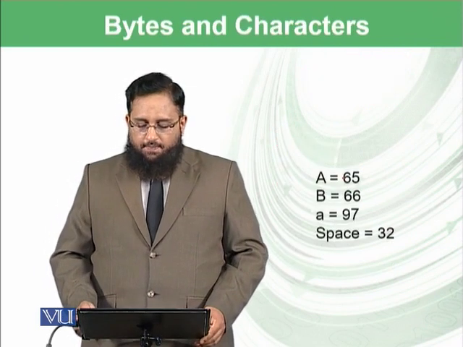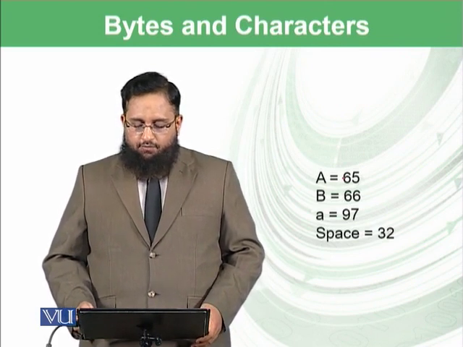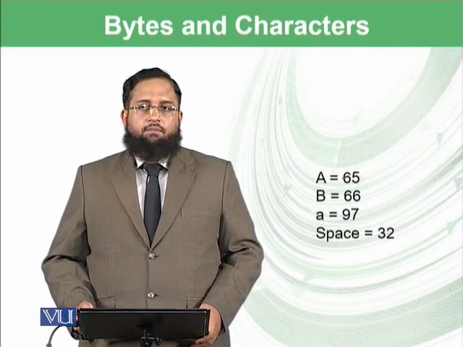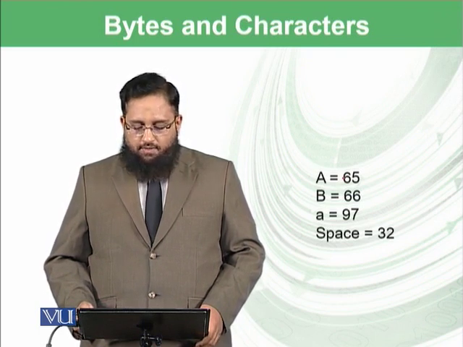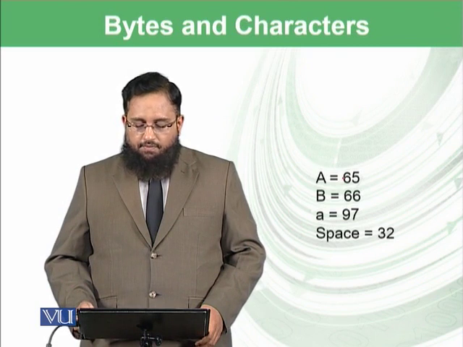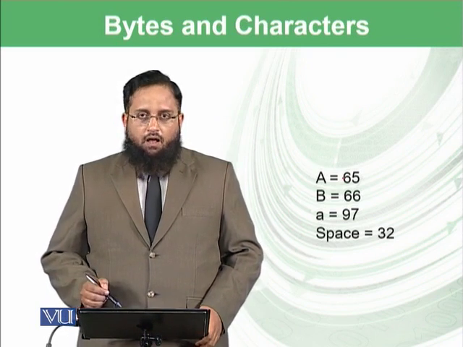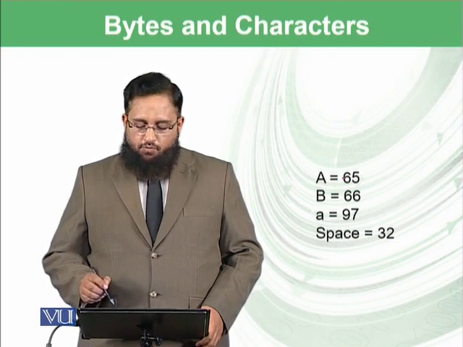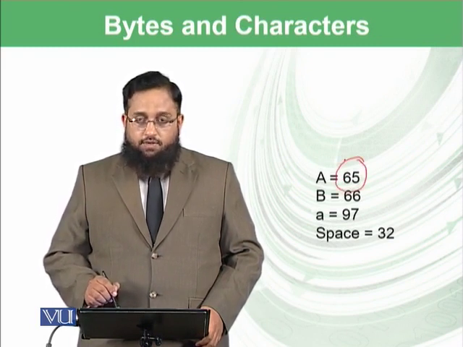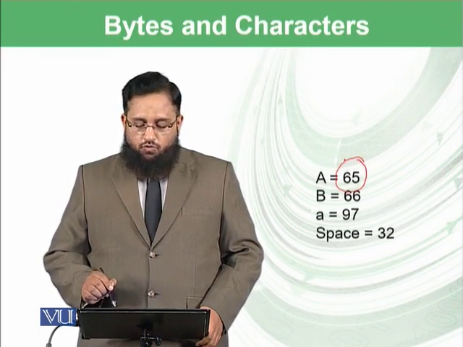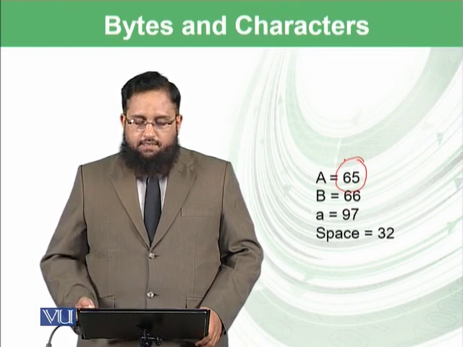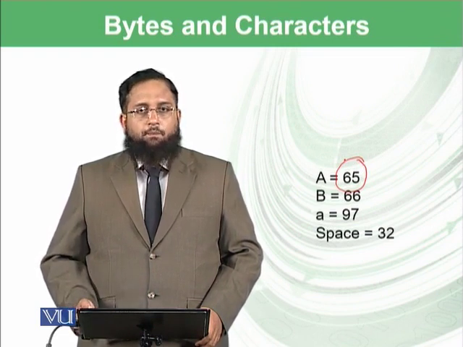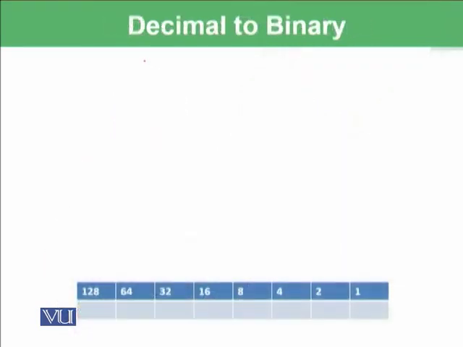For example, if we want to store some text like A, B, or small a, or some other symbol like space, there is an ASCII table available in your book, which says that for A you need to store 65. How to store 65 we will learn now, because we need to convert this 65 to a binary number. So let's do it.